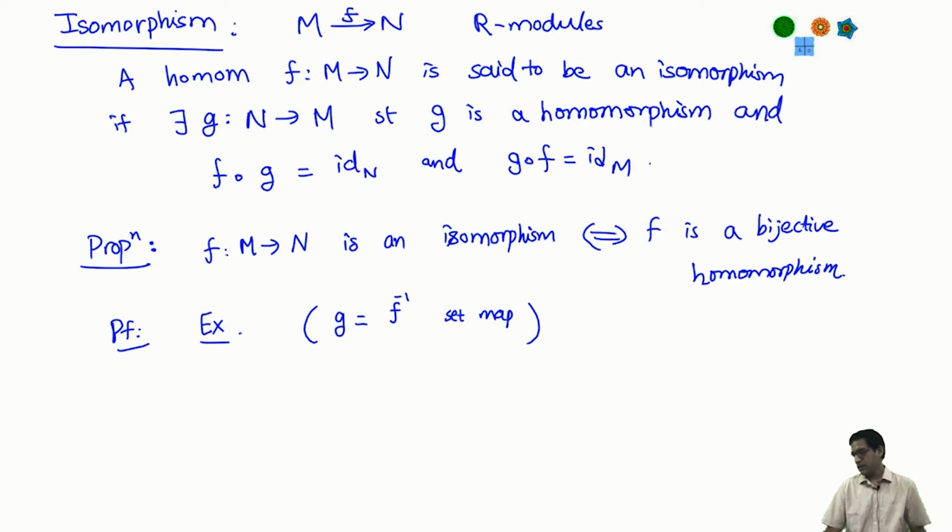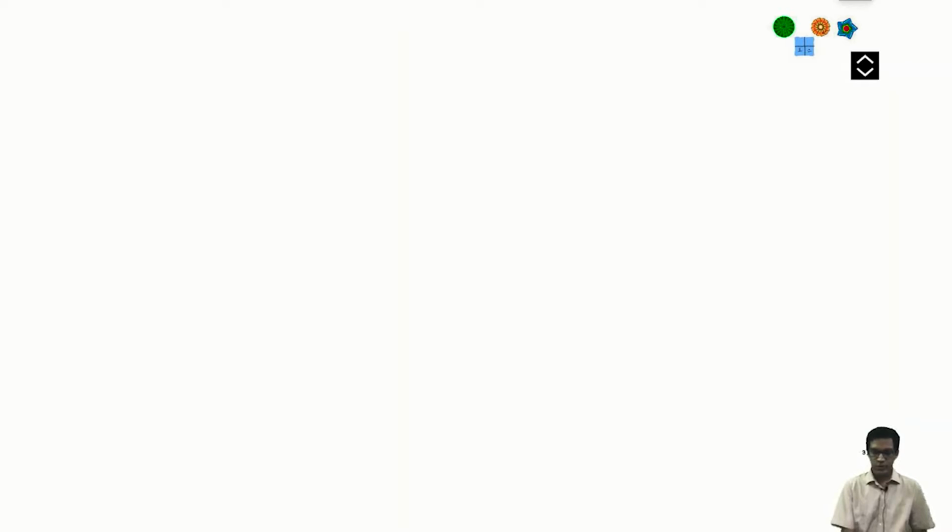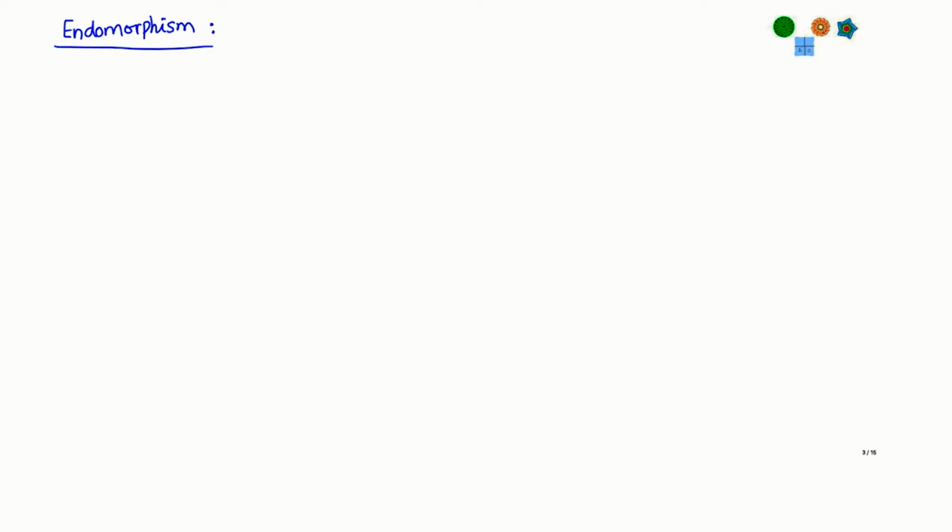Now let's also introduce two more words. We sometimes talk about endomorphisms. So what's an endomorphism? An endomorphism is a homomorphism between the same spaces. So if I have a homomorphism from a module M to itself, then we usually say this is an endomorphism of M. Endo just means inside or within, so it just maps M back to itself.